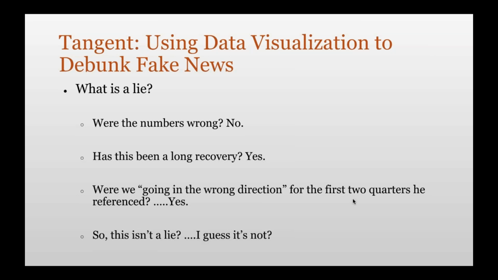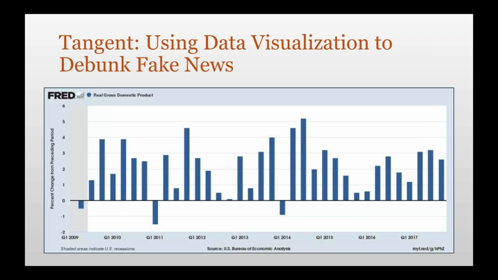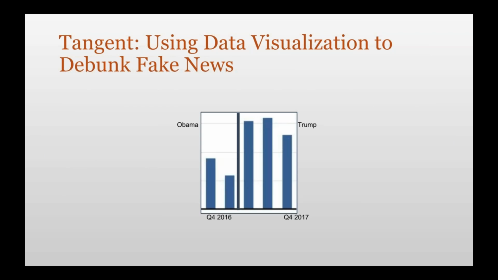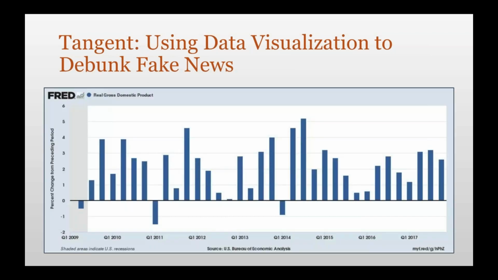So looking at just these questions that we're asking, these are all true statements. But what's more important is really trying to put all of this into context. All I did was take a screenshot of this larger graph, and this really puts GDP growth in perspective.